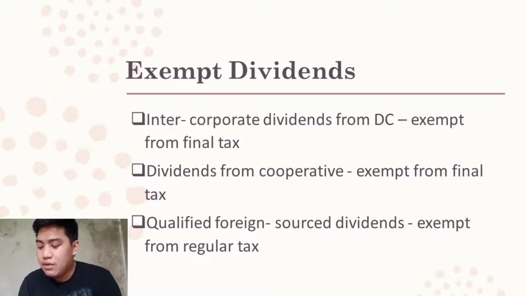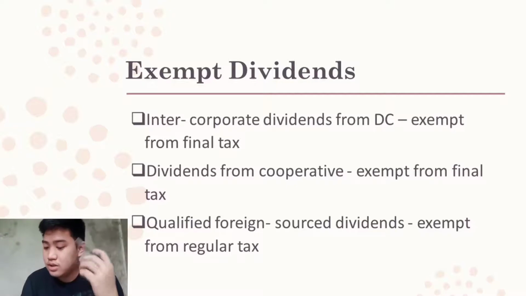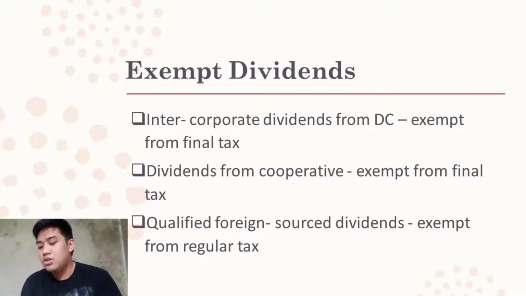For example, B owns 100% of A Corp. During the year, A declares 100,000 in dividends, and in turn B declares the same dividends. The following tables illustrate the double taxation.